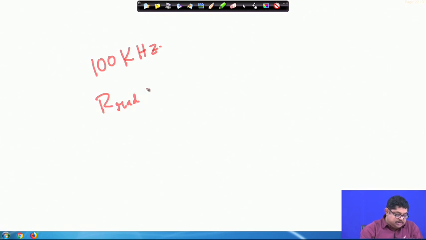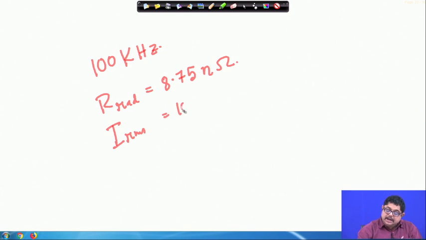Radiation resistance will turn out to be 8.75. Previously it was micro ohm, now it is nano ohm, and the IRMS required will be 10.7 kilo ampere. Previously it was 100 some ampere, now 10.7 kilo ampere. So, you see, practically there is no use for this.